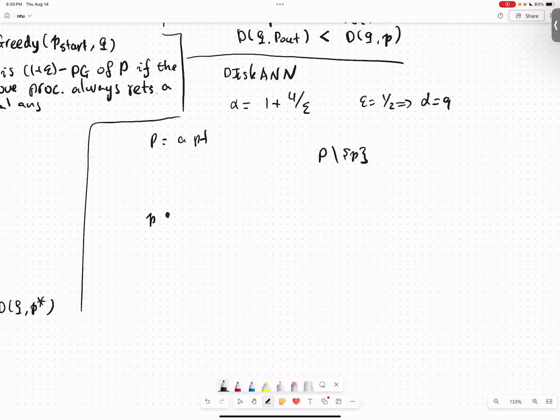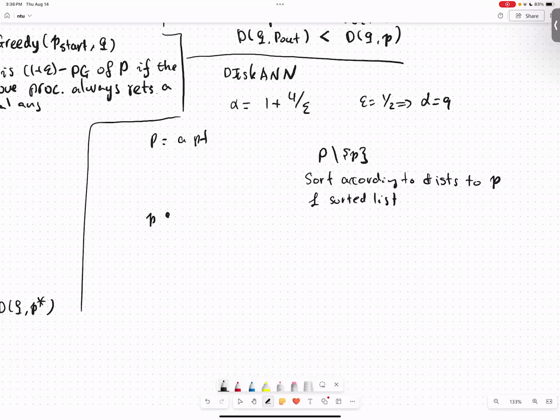Now for the remaining points, we want to sort them in ascending order of their distances to P. So now you can imagine you have a sorted list of size n-1. Let's say L is the sorted list.